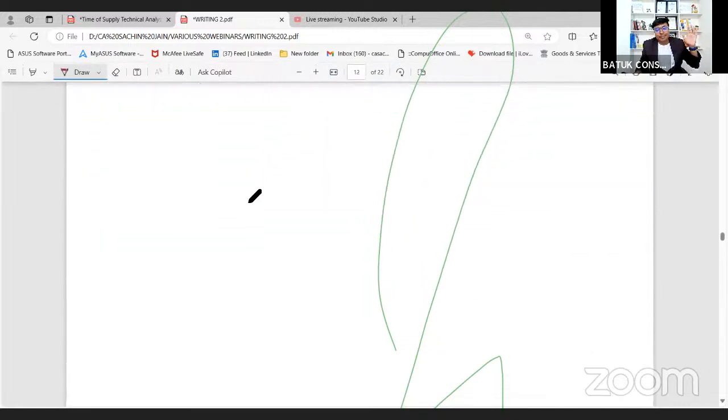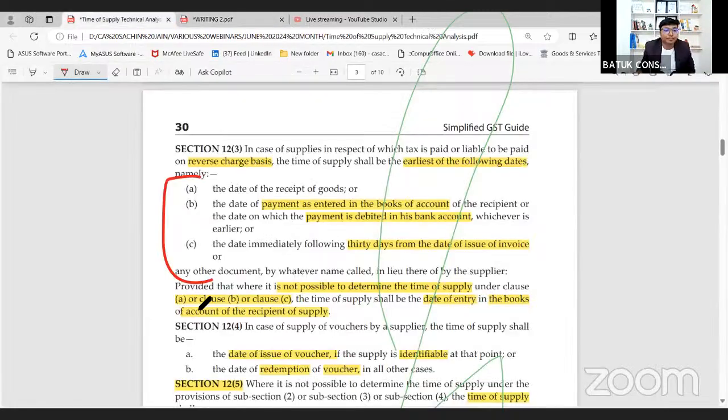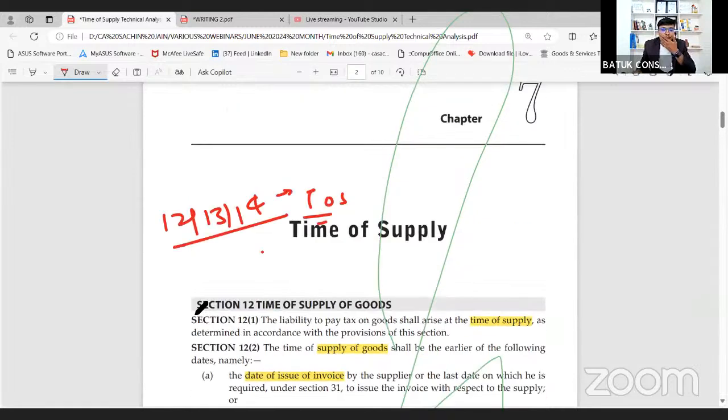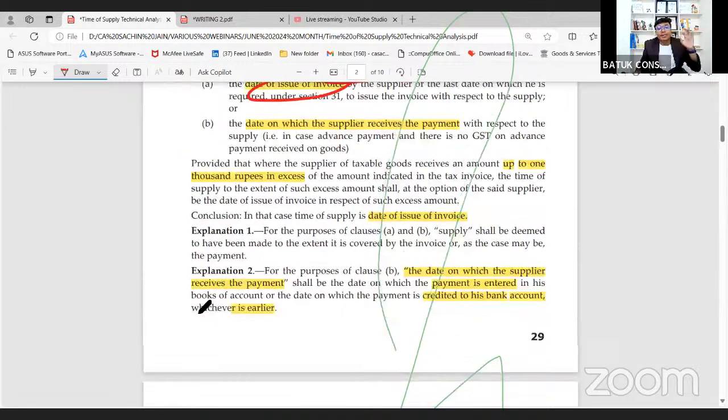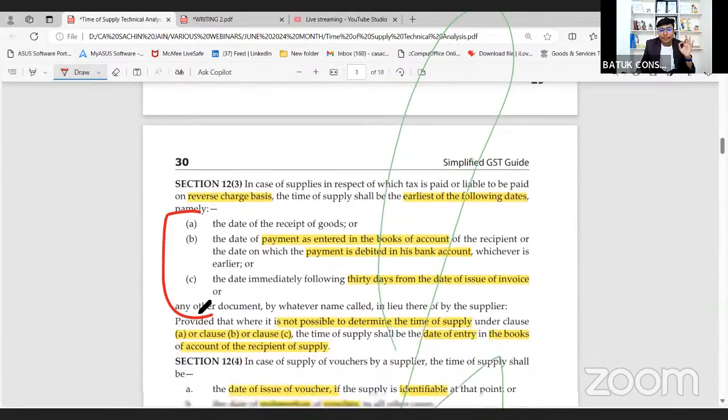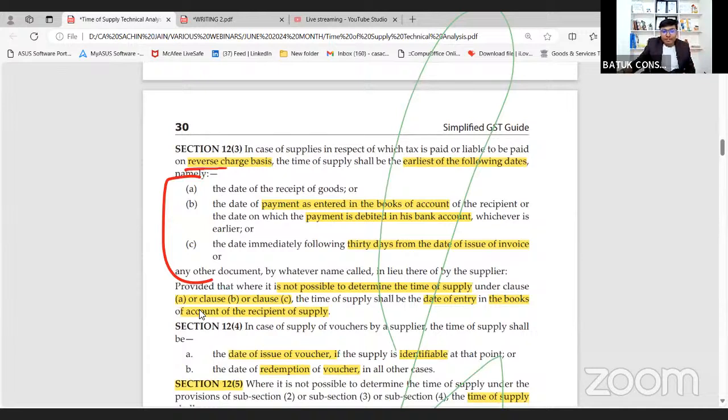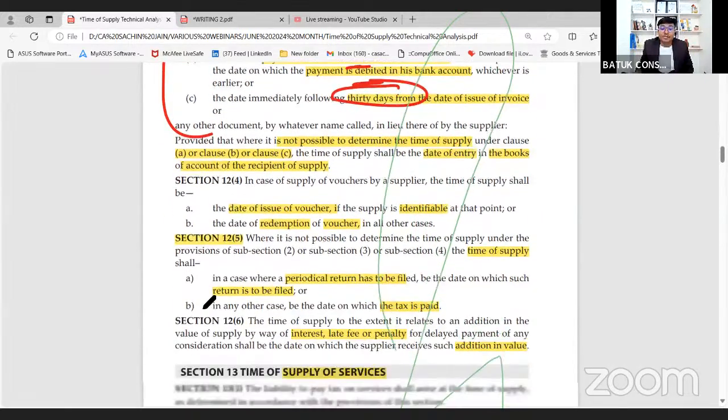So section number 12 and 13 completed, just check it. Section number 12, time of supply of goods. In case of supply of goods, your date of issue of invoice will be treated as time of supply. Now, in case of reverse charge mechanism, receipt of goods, payment entered in the books of accounts and debited from bank account, or 30 days from the date of issue of invoice, whichever is earlier, will be treated as time of supply.